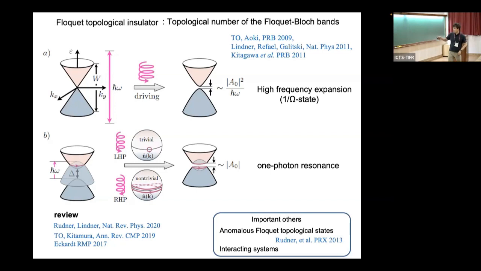And even at this gap opening, you can get a non-trivial topological state. The point is that here, the gap opening is proportional to A naught. A naught is the gauge field of the circularly polarized light, so it will be E over omega.